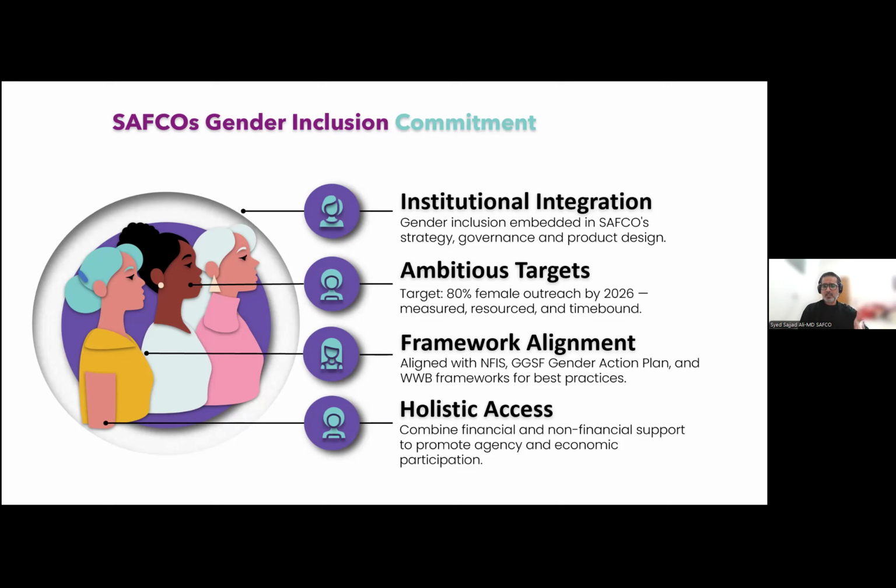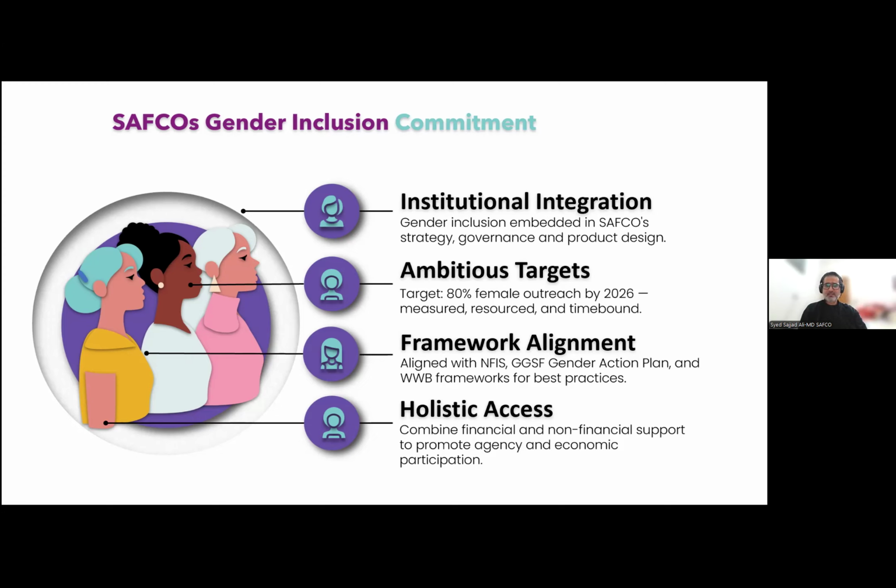We want to engage that framework with the DGS Gender Action Plan and the World Bank Women framework that is giving the best practice so far. So we want to align our approaches with those frameworks, as the global practices can be helpful.